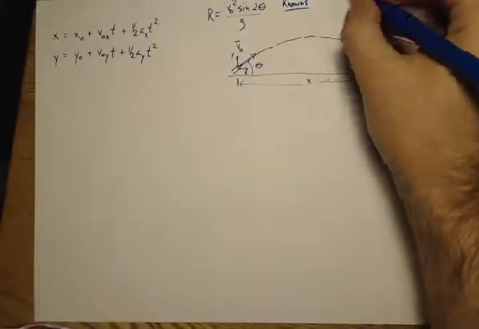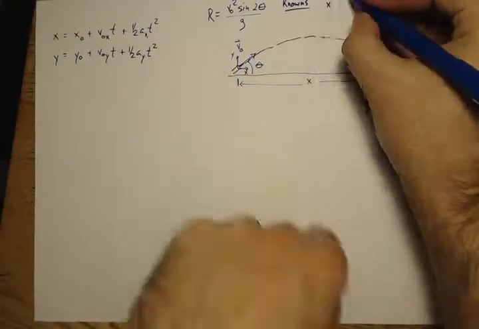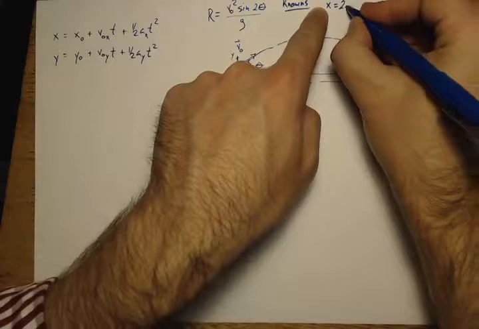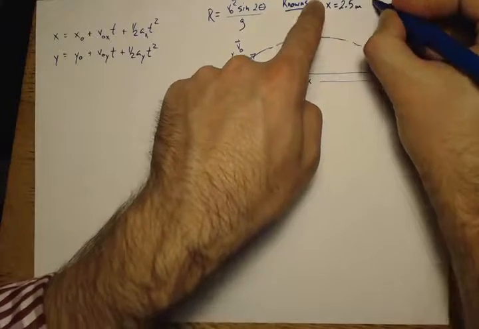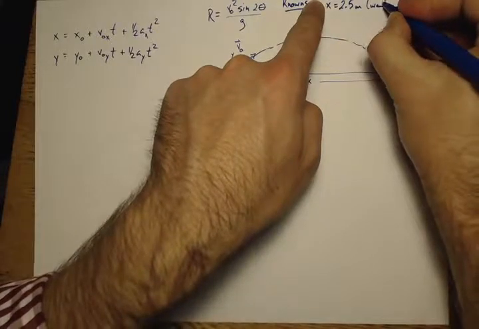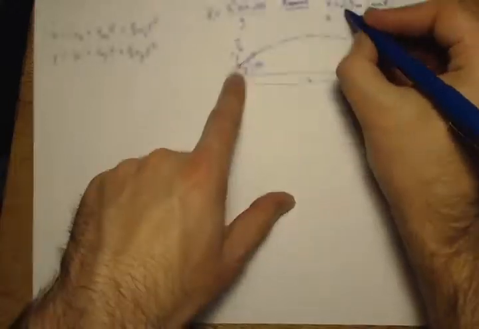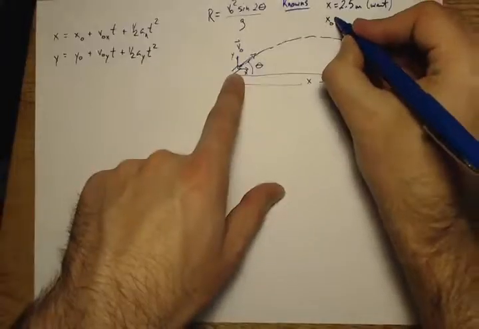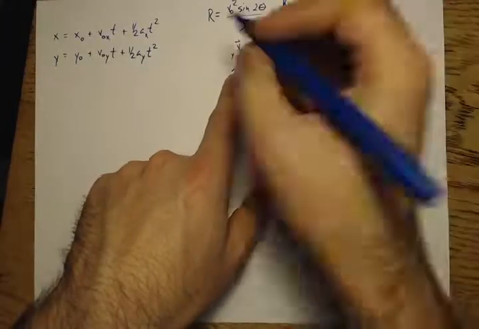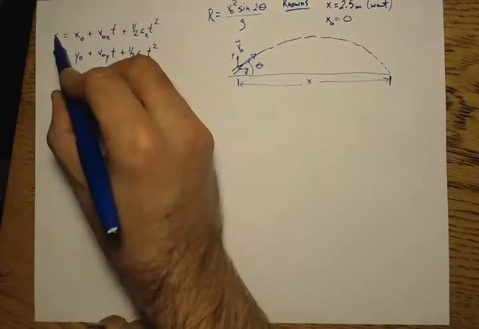So you want your final x position to be 2.5 meters away. And this is what you want to happen. By definition, you've chosen your axes, which you've drawn, to be 0. So you know that one. I'm just going through systematically and saying, do I know this variable?